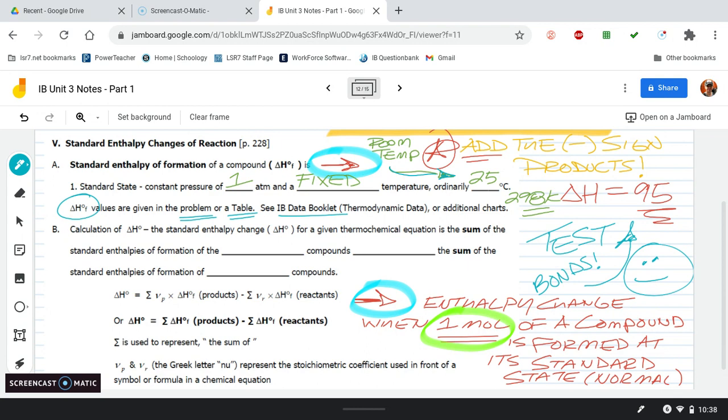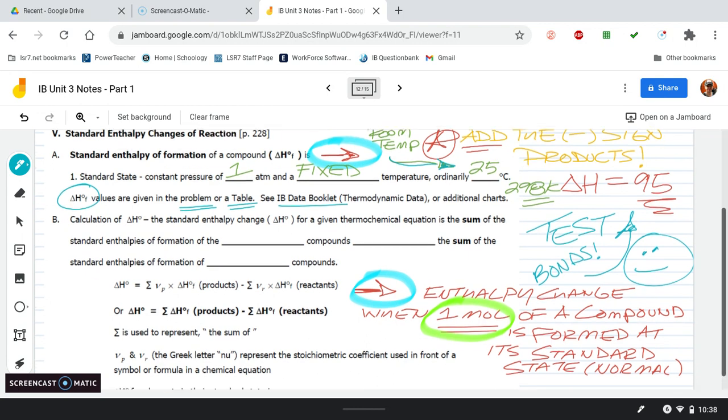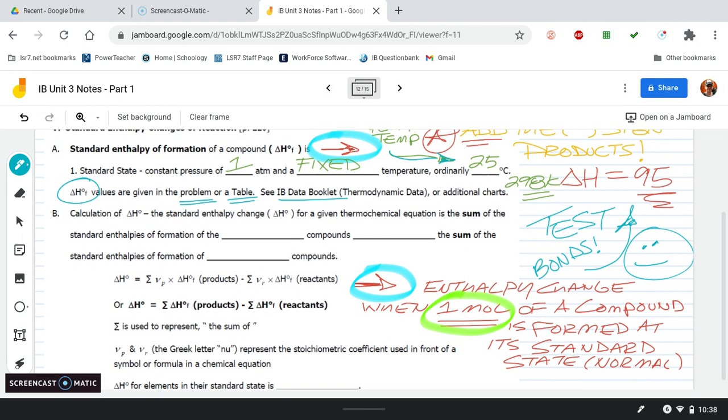Now, when you calculate delta H using these, it's very, very easy. You're going to add them up and basically take products minus reactants. You don't have to do anything except products minus reactants.